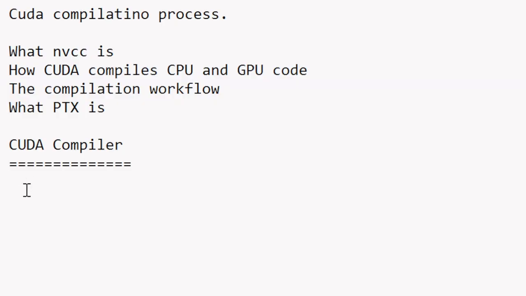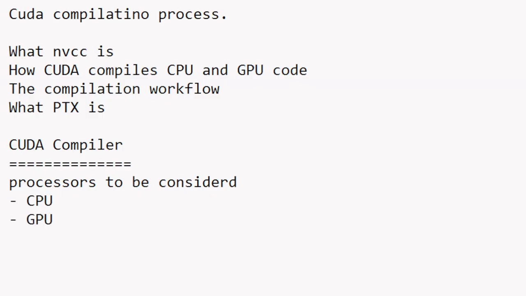So when compiling CUDA, two different processes must be considered. The CPU executes host code, and the GPU executes the kernel.